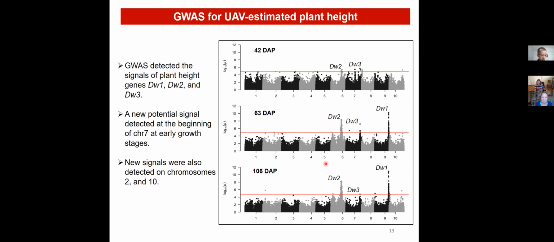Oh, okay. The question is whether that affects how we interpret the strength of the QTL. Possibly yes.